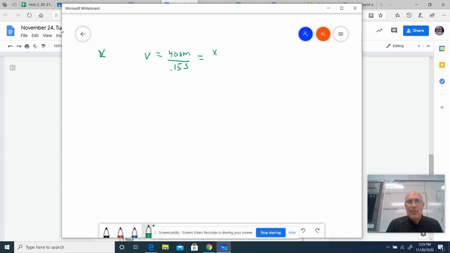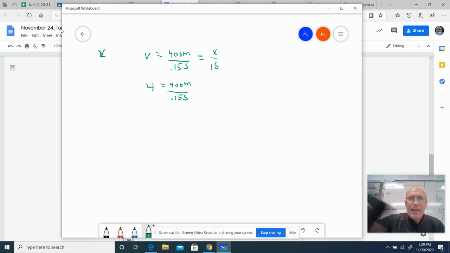We needed to find out what that was for every 1 second. But remember, to do that, we just divide the 400 meters by the 0.15 second because the 1 doesn't matter here when we multiply this by 1. All right, so we have velocity equals 400 meters divided by 0.15 seconds.